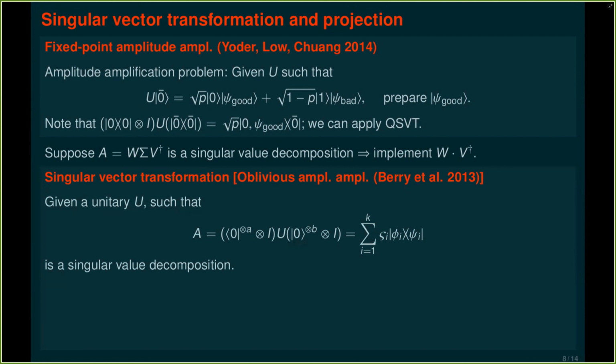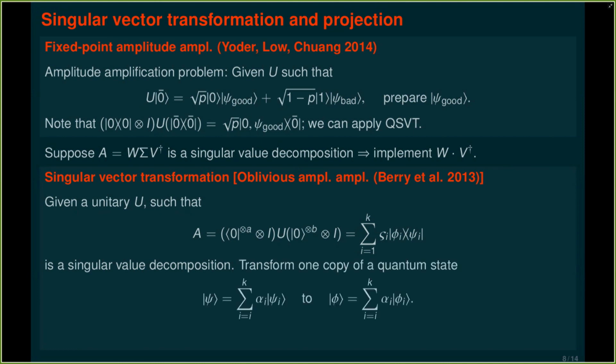And this is the problem of singular vector transformation, which is just the above problem, but we need to be careful about difficulties arising from small singular values, because like small amplitude, we can only guarantee this procedure to work above some threshold. One other way to state this is that we have this block encoding of A, which has some left and right singular vectors psi i.